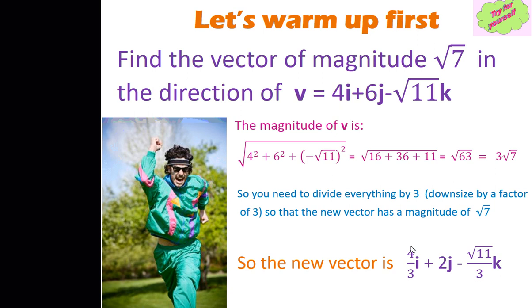This squared is 16 over 9. This squared is 4. So you've got 16 over 9 plus 4, minus root 11 over 3 squared becomes 11 over 9. So 16 over 9 minus 11 over 9, that part would simplify to 5 over 9.